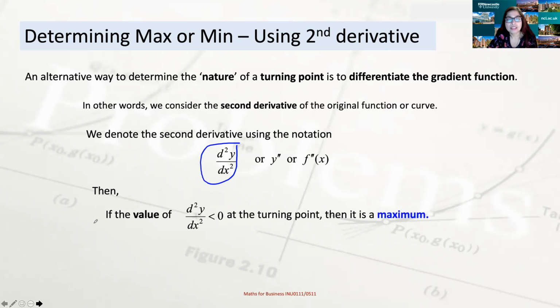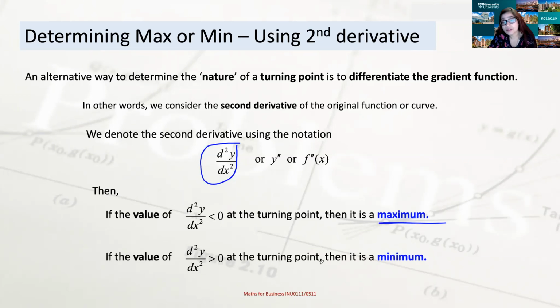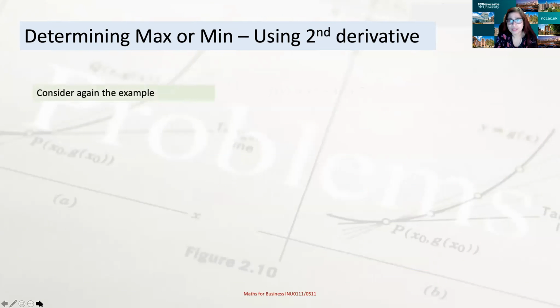Then if the second derivative is less than 0 at the turning point, it is a maximum. If it is greater than 0 at the turning point, it is a minimum. Okay, guys, that's important. That is the condition you use to identify the nature of the turning point.